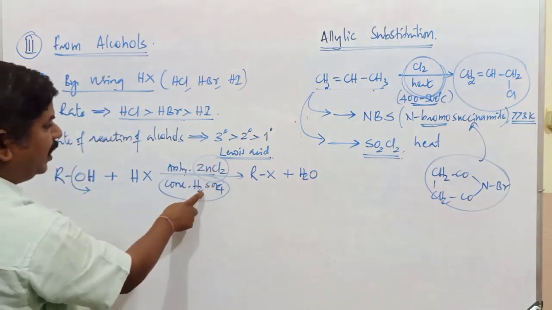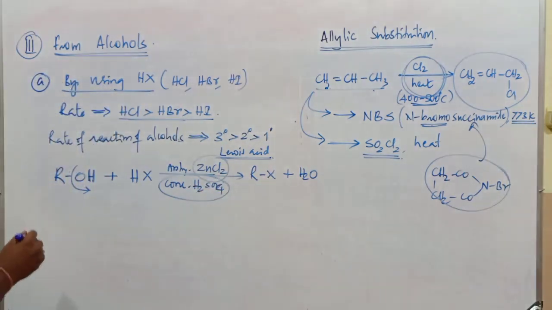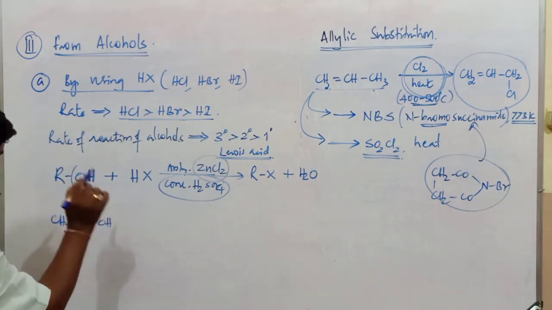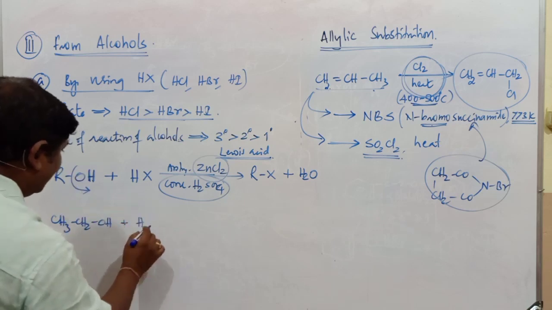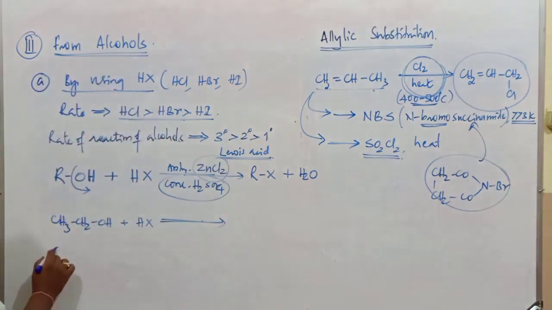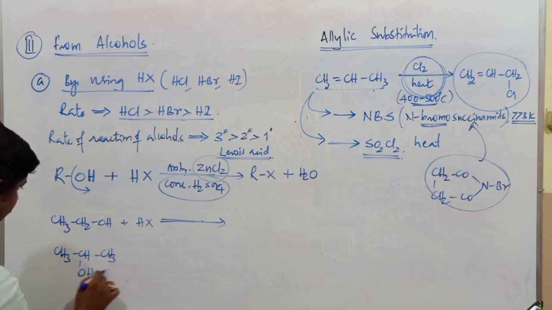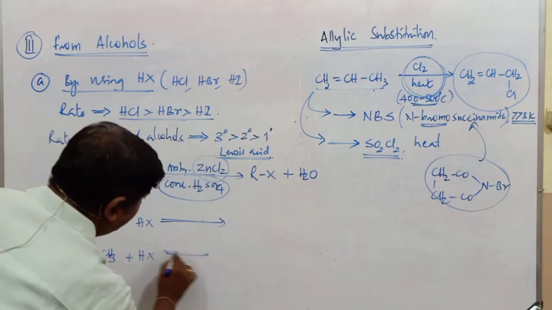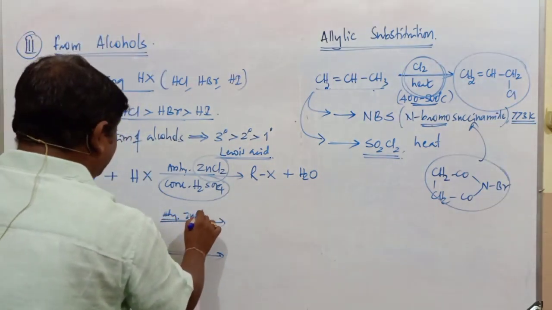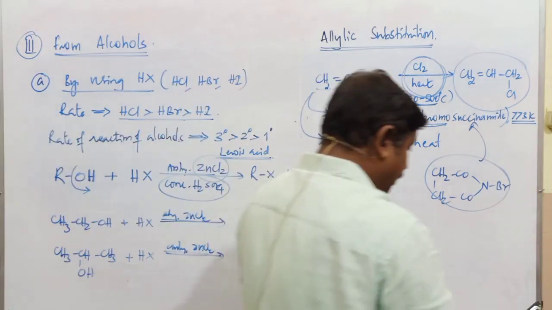Either by using zinc chloride or by using concentrated sulfuric acid, it is possible to get this particular compound. Suppose I take the compound CH3CH2OH, and treat it with hydrogen halide HX. Next one, CH3CH(OH)CH3 with HX, in presence of anhydrous zinc chloride.